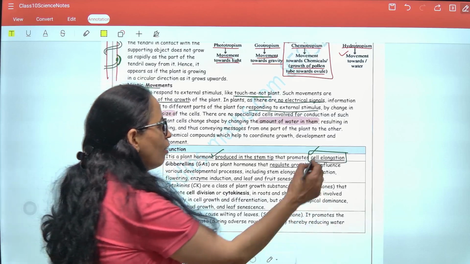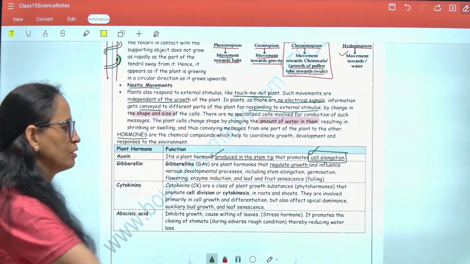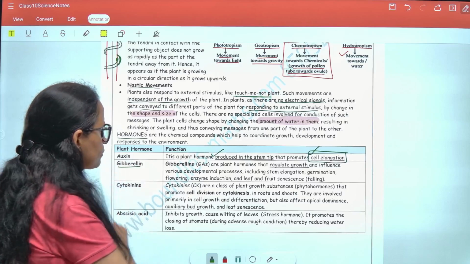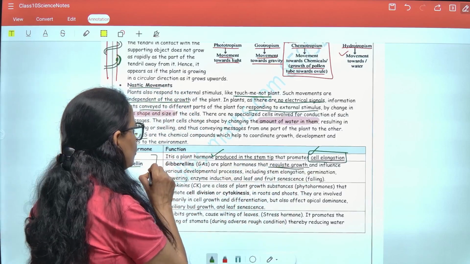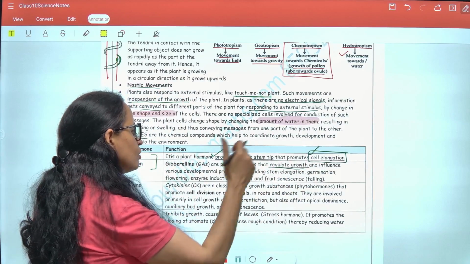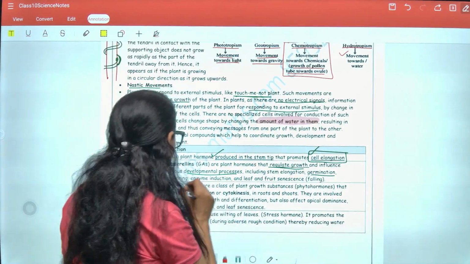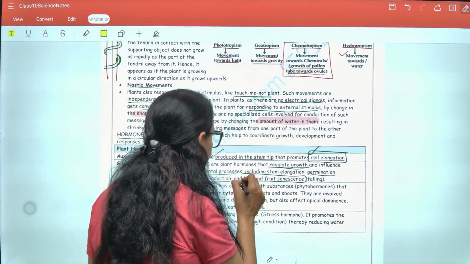I am repeating again. Always remember, cell elongation is associated with release of auxin. Next is gibberellin. This also regulates growth. Both these hormones regulate growth of the plant. But it also helps in other development processes including germination, flowering, enzyme induction, leaf and fruit senescence, very important.